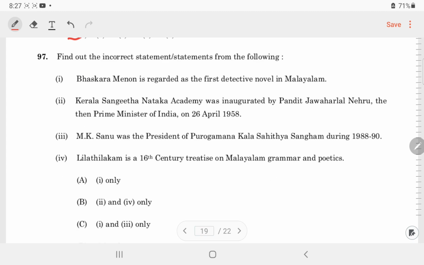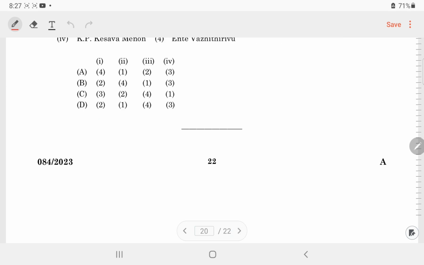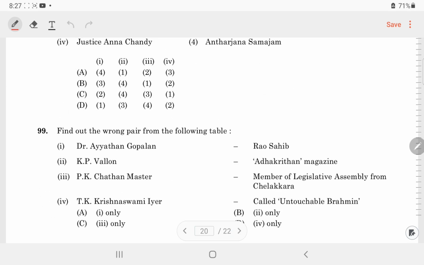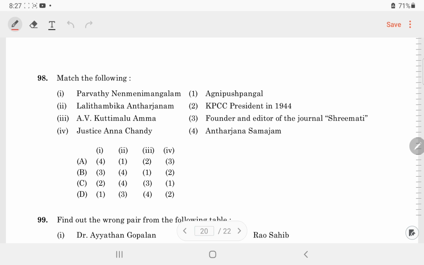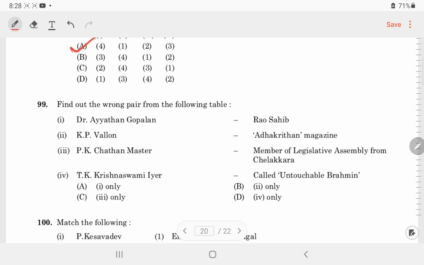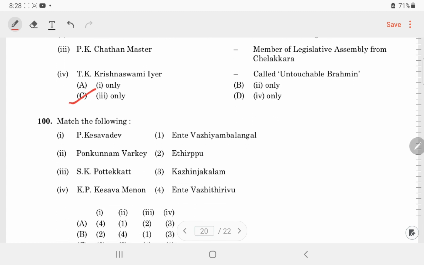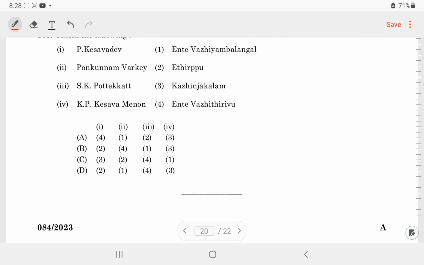The answer is option D. Next question. Question number 98. The answer is option A. Question number 99. The answer is option C. Question number 100. The answer is option B.